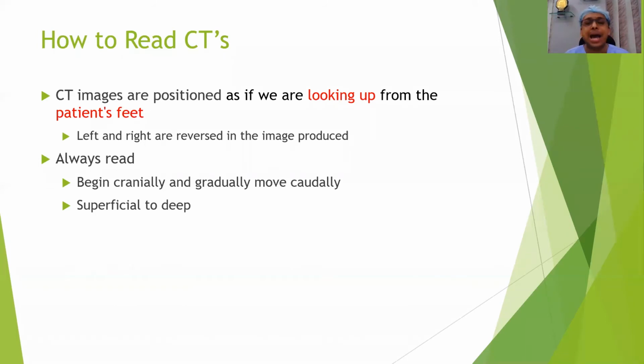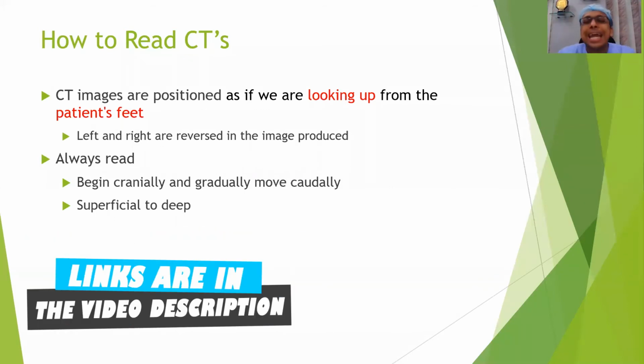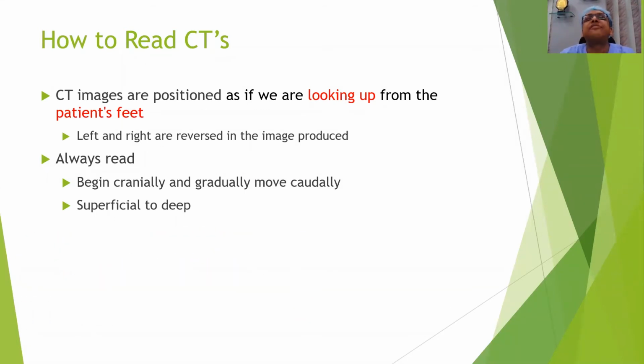If I close my eyes and orient the CT scan data of the axial view, the patient is lying supine like this, feet towards me, and head farthest from me. So inferior to superior, as if I am looking from the feet up towards the head. That is how the CT scan is oriented, exactly similar to MRI, right?